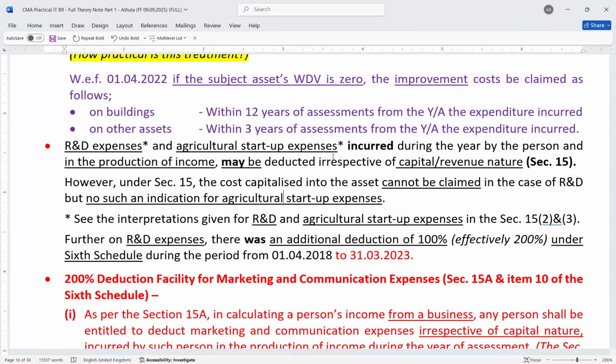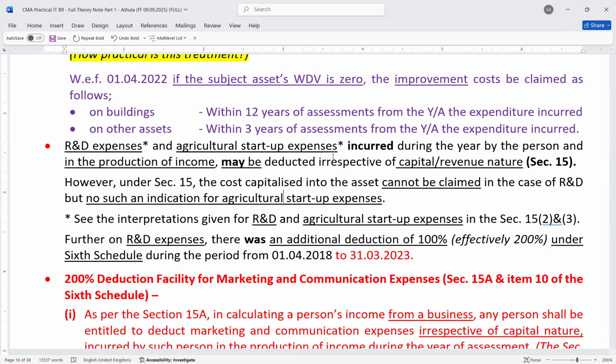If you have capitalized it, again you can't claim it here. Then you have to claim depreciation allowances, right? But as it says "may", even if for accounting purposes you capitalize, let the accounting capitalization be there, but for tax purposes you take it out and claim under this in the first year. Once you claim in the first year, you can't enjoy capital allowances.